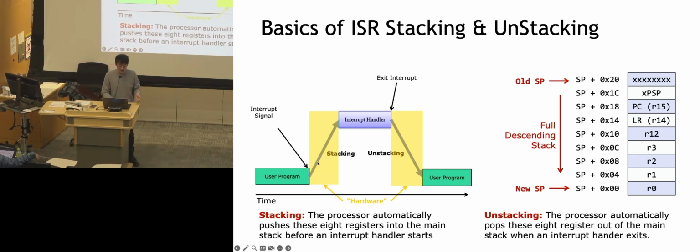In our case, mostly peripherals. Then it goes to the interrupt handler, which figures out what to do. Before that, it first does the stacking, and then after the interrupt handler, the subroutine calls, it goes back to the main program, and at that stage it unstacks everything that's needed.